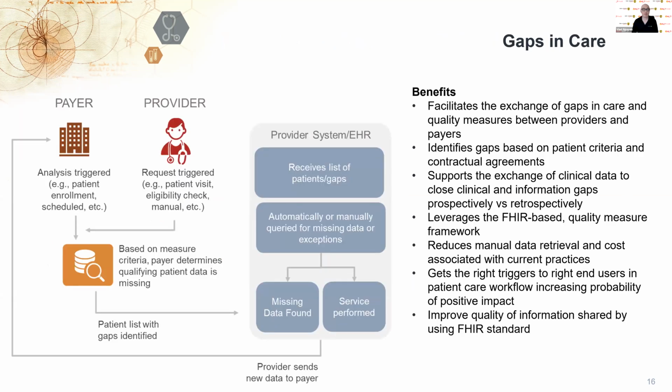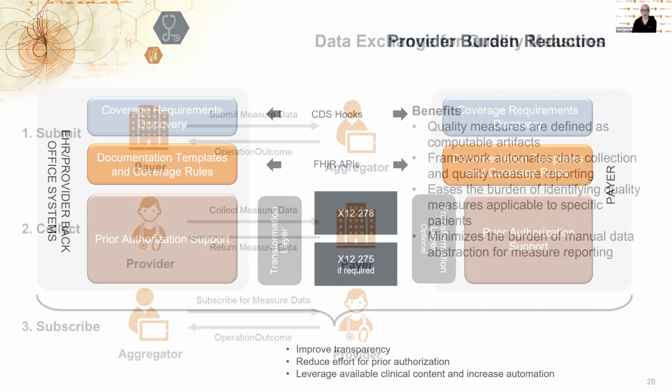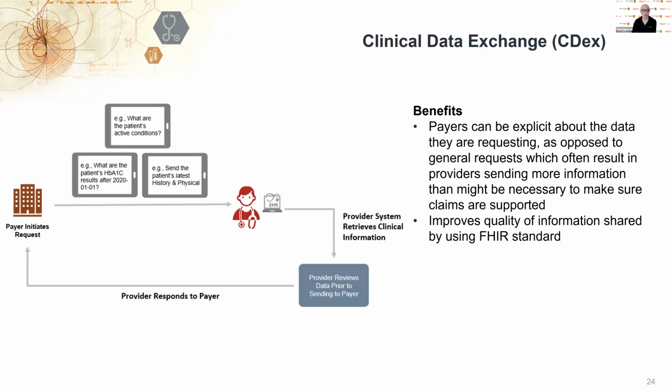Sure. So that's at the policy layer. We have the ability in FHIR to do scopes, but typically when we talk about this CDex, we are talking about treatment, payment, and operations, the TPO aspects of data exchange between payers and providers.